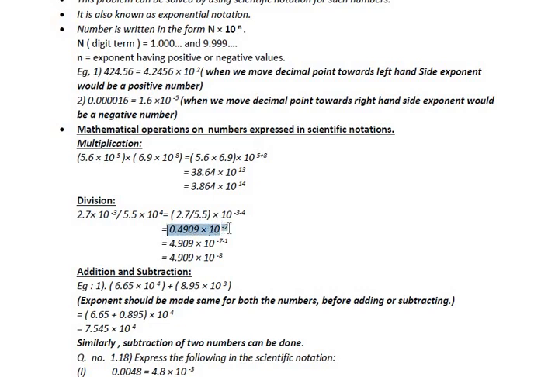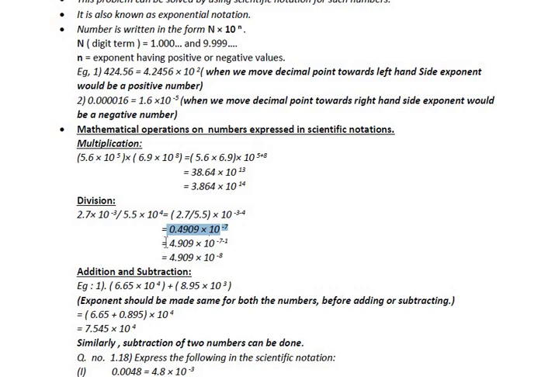So we have to represent it in scientific notation. How can we do that? We will have to move this decimal point one place towards the right hand side, and when we move it towards the right hand side, we will have to subtract 1 from the exponent, because the exponent is in negative value.